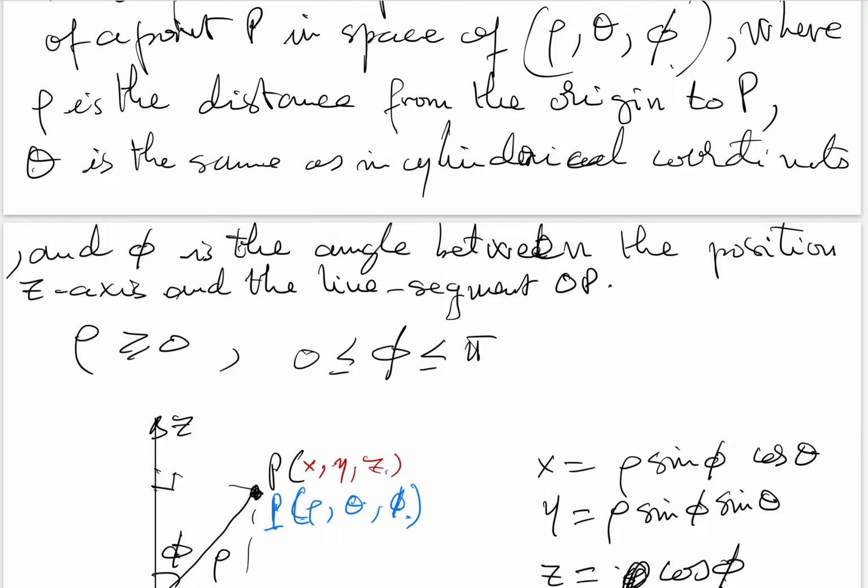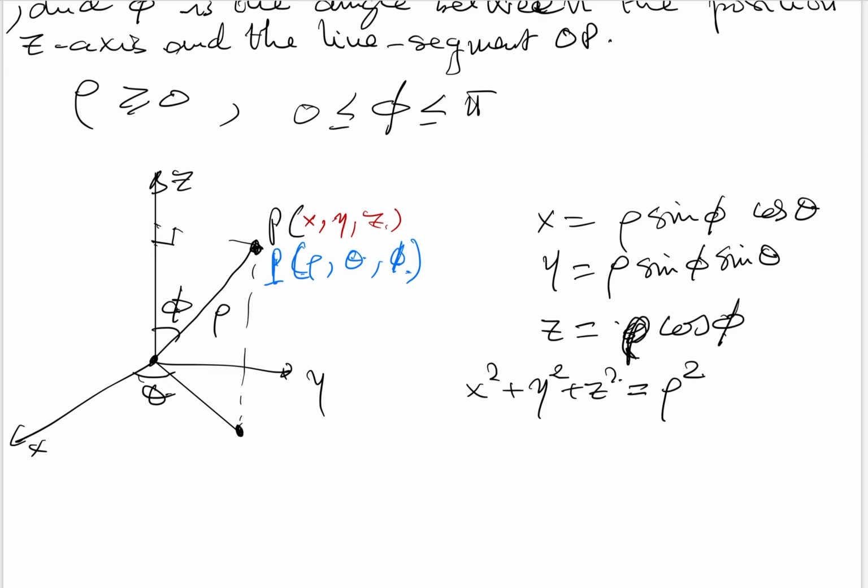Phi is the angle between the positive z-axis and the line segment OP. And remember also, rho is always positive, and phi is between 0 and pi.